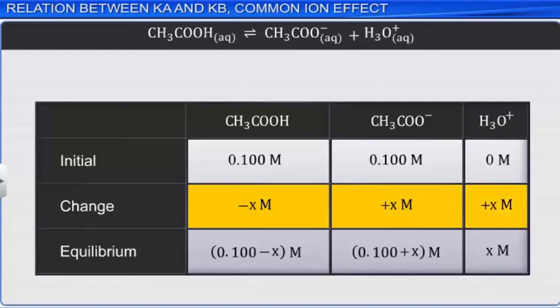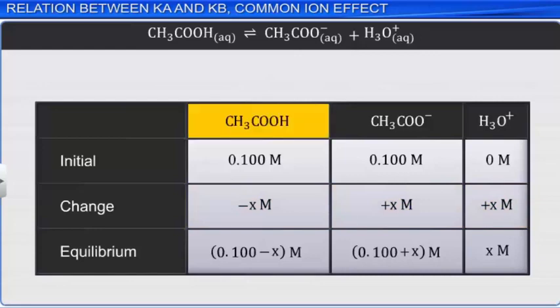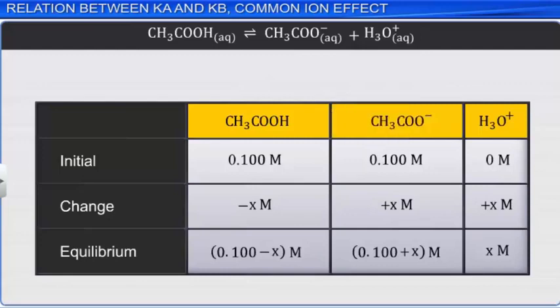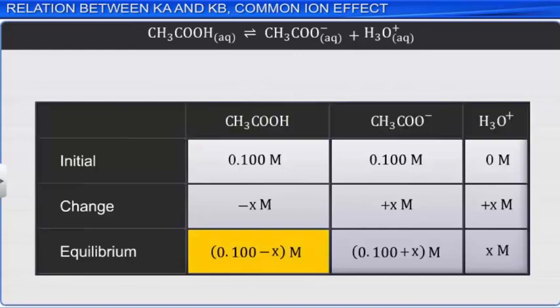The equilibrium concentrations of CH3COOH, H3O+ ion and CH3COO- ions are 0.1 - x M, x M and 0.1 + x M respectively.